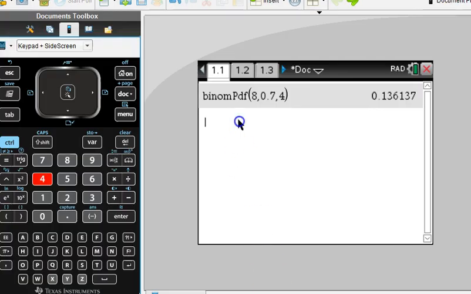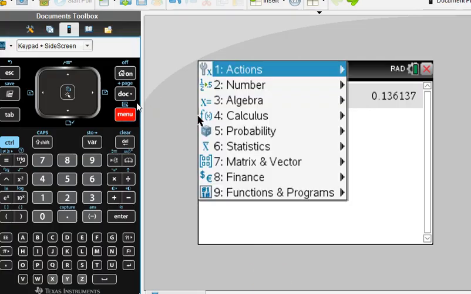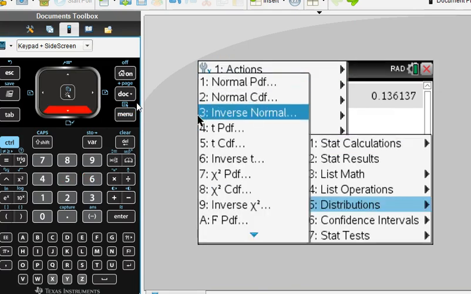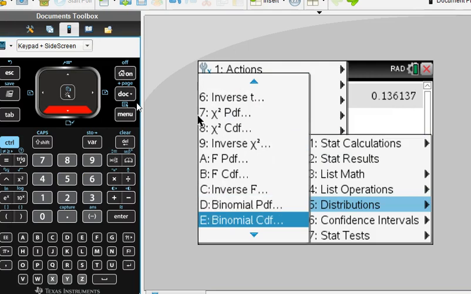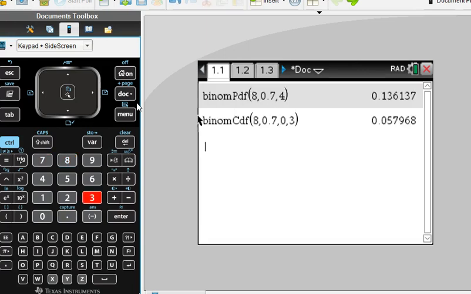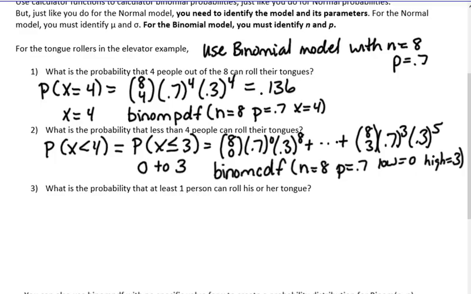So we're going to go to Menu, Statistics, Distributions, and go down to binomial CDF. Oh, lower bound and upper bound. So we have 8, 0.7, 0 to 3. Okay, and so that's 0.0579. That's good enough.